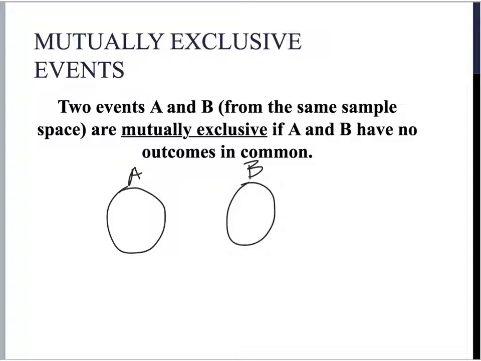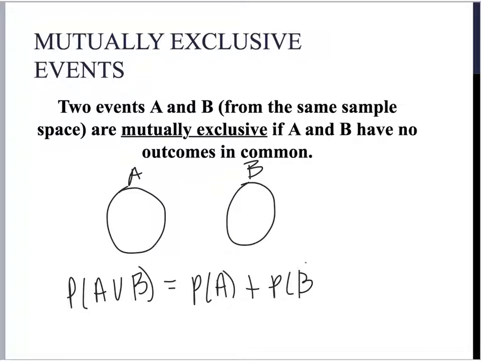And so what it would look like is that the probability of A, the letter U means union, so A union B, would just be the probability of A happening plus the probability of B happening, because they don't really share anything in common.